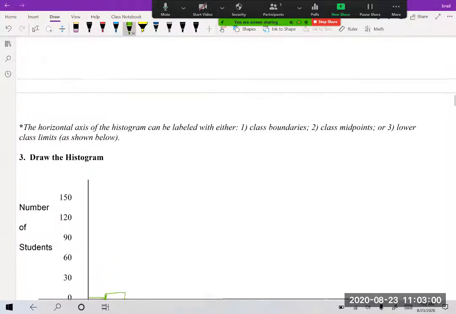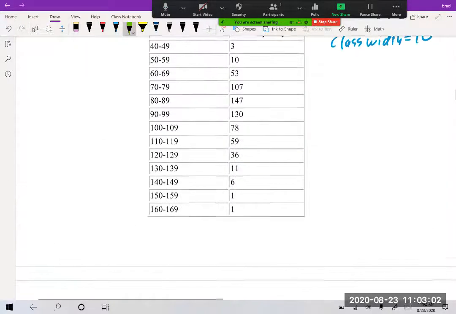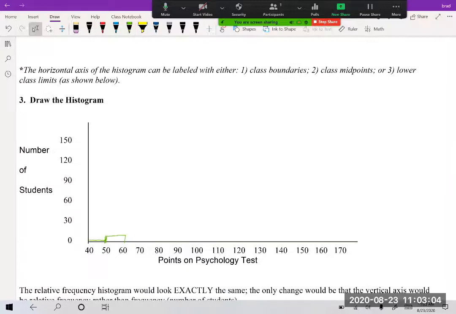Now from 60 to 69, we got 53. So that's gonna be way up here. I'm gonna put that right about here. And again, these are supposed to be straight across. I just can't draw straight lines with this. Well, ever, really. Okay, so the next one should be 70 to 79.